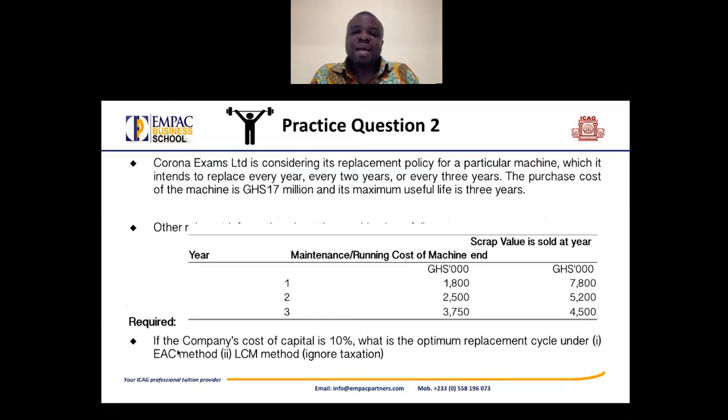So these are the cycles: 1 year, 2 years, and 3 years. The purchase cost of the machine is 17 million Ghana cedis, and its maximum useful life is 3 years.